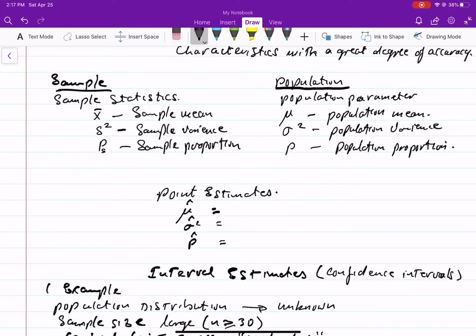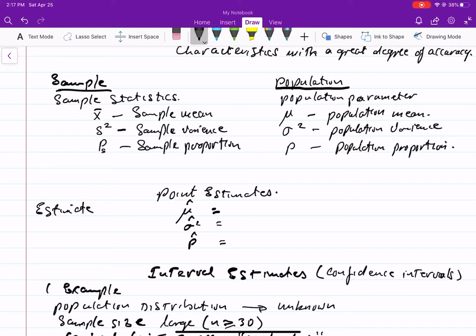We studied two types of estimates, you would remember. We studied point estimates and we studied interval estimates. If you wanted to estimate the mean for a population, mu hat, as shown right there, this is referred to as an estimate for the population mean. Who remembers what it is? Before I actually say it, I write it down.